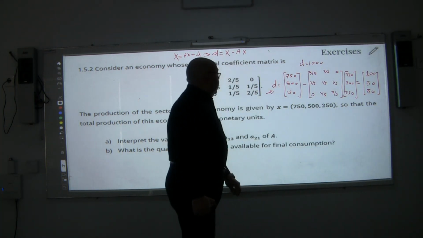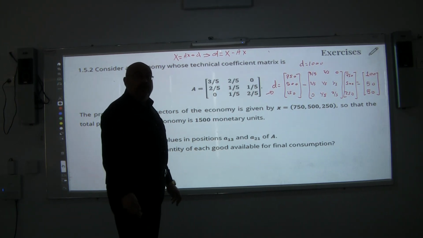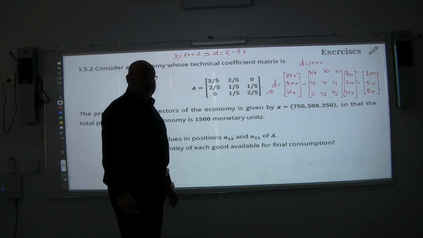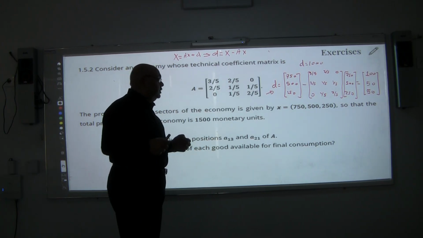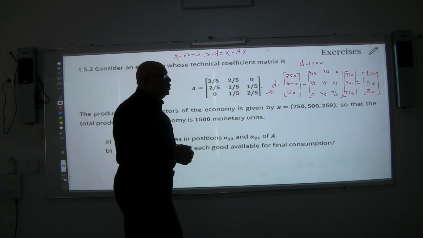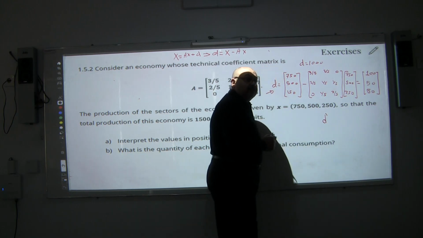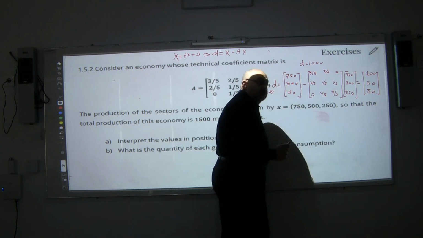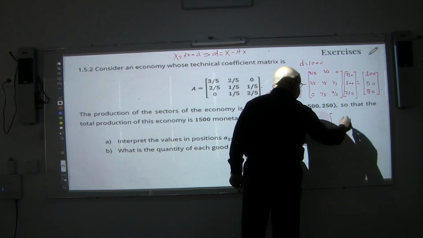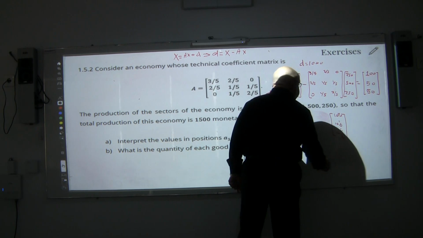Okay? So if I want you to evaluate the amount of production related to an increase in demand by 10% in all sectors, the new demand, which is D dash, or the difference between them, is 10% in all sectors, which means I will have 10%, 10%, 10% on each sector.